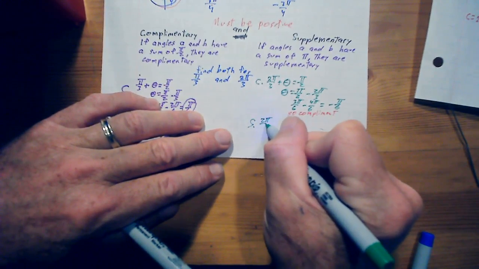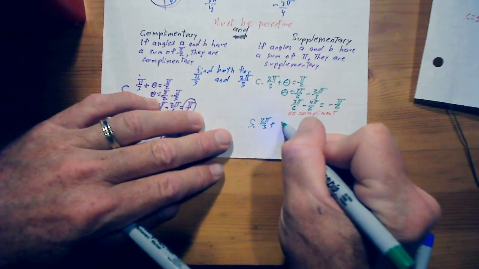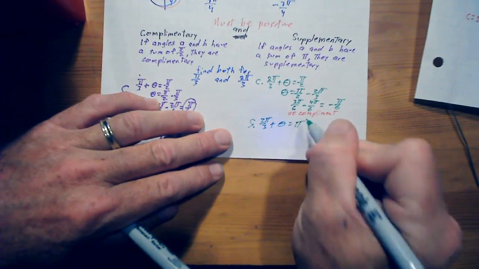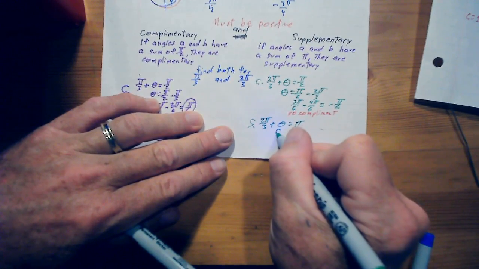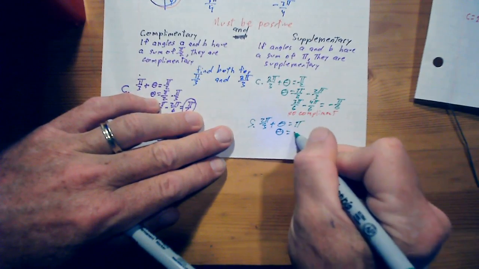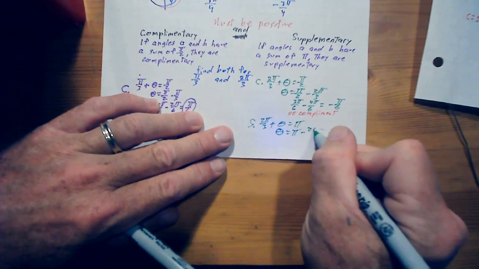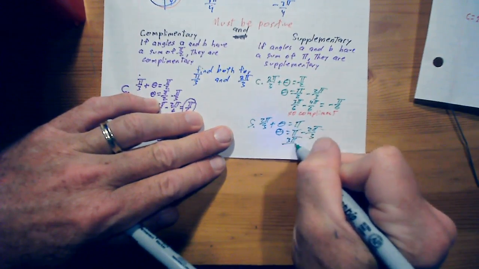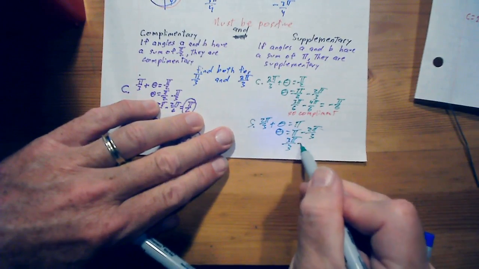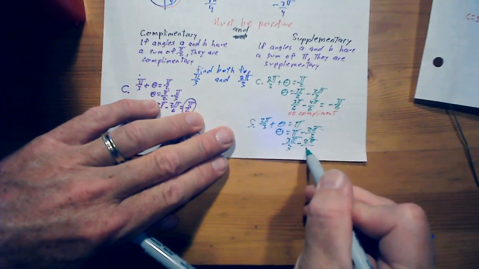2 pi over 3 plus some angle theta equals pi. Subtract 2 pi over 3 from both sides. Theta equals pi minus 2 pi over 3. Rewrite this to get a common denominator of 3. Right?